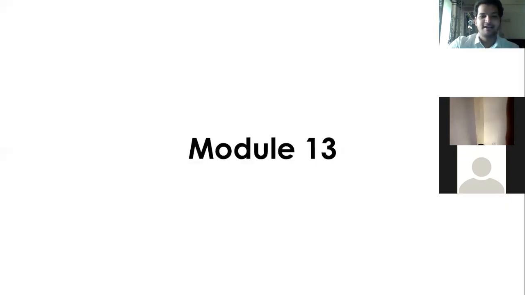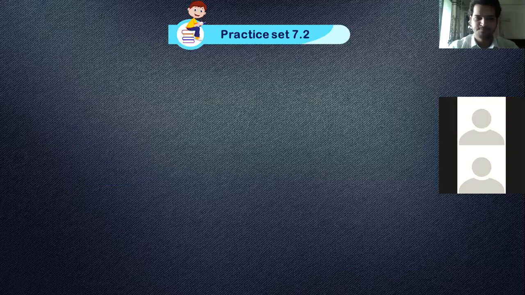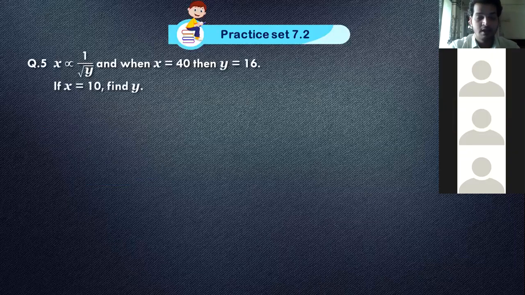Yes. Now we are on module number 13. Practice set 7.2. Question number 5. Now read the question very carefully. X is inversely proportional to square root of y. Kindly focus on the highlighter.